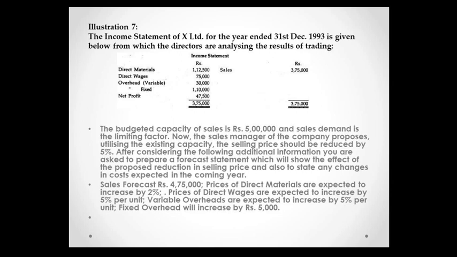They are forecasting that the sales would be reduced to 4 lakh 75,000 in the future, and also because of the demand, the price of direct materials may increase by 2%. Demand of laborers may increase by 5%, and variable expenses are also increased by 5%, and fixed expenses will also increase by 5,000. We can solve this problem.